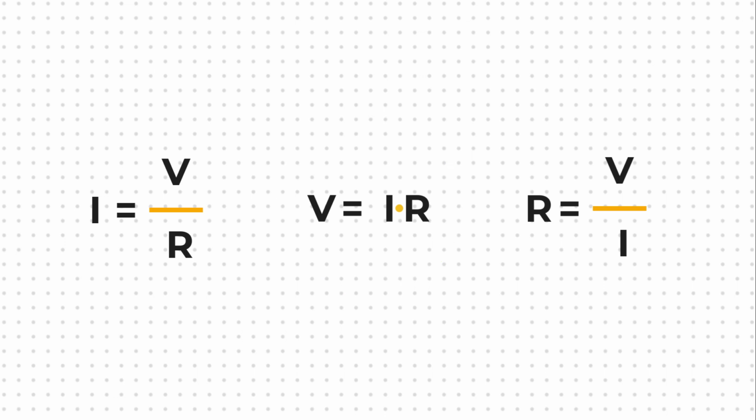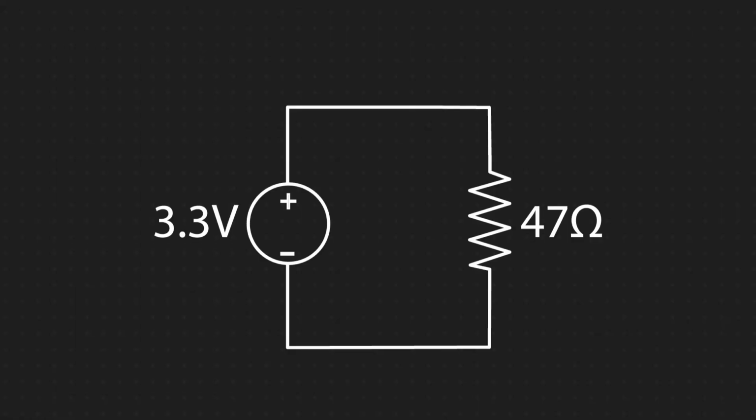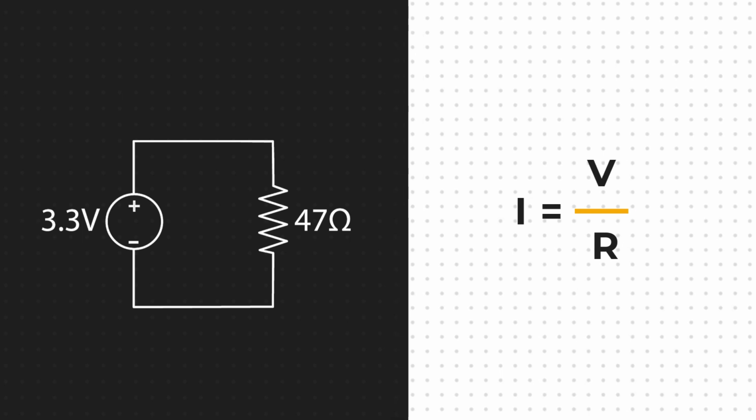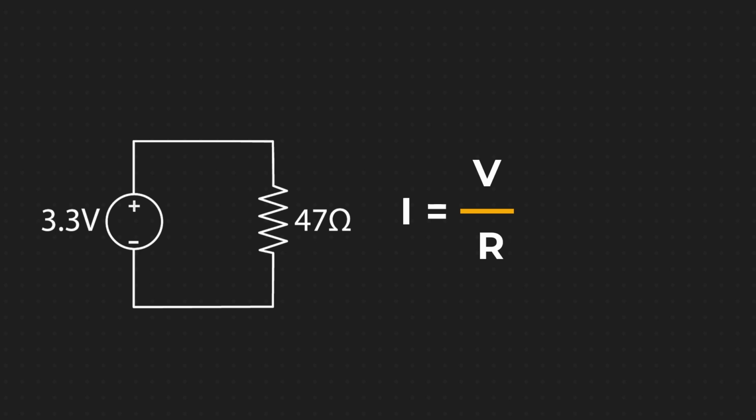Alright, so now that we know those equations, let's do an example. We have this circuit right here. We have a 3.3 volt power supply and a 47 ohm resistance. And we want to know what's the whole current in the circuit. So from Ohm's law, we already know that the current is equal to voltage over resistance. If we replace that with our information, we have 3.3 volts over 47 ohms.